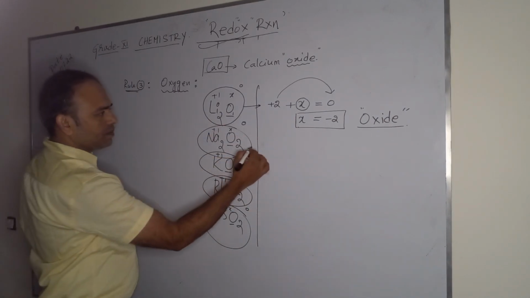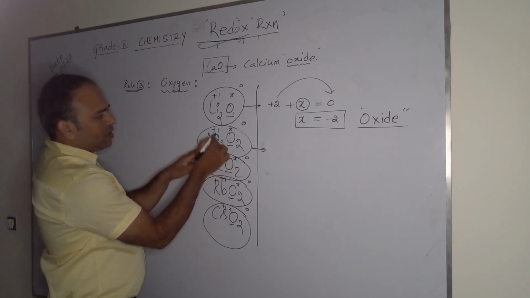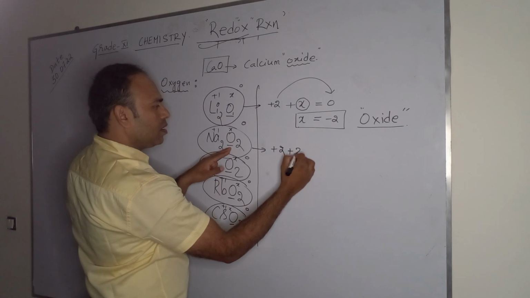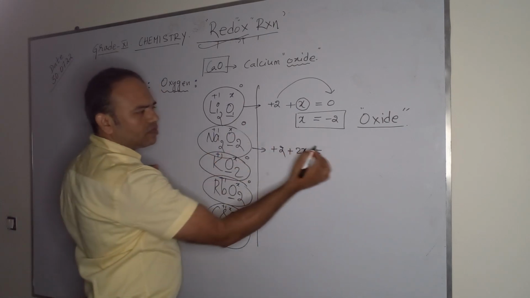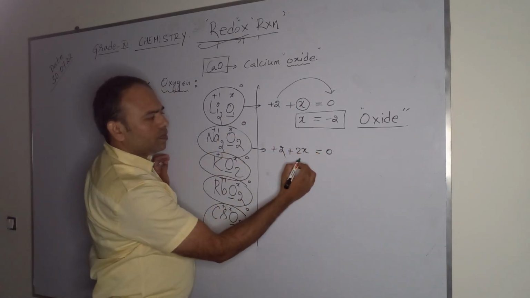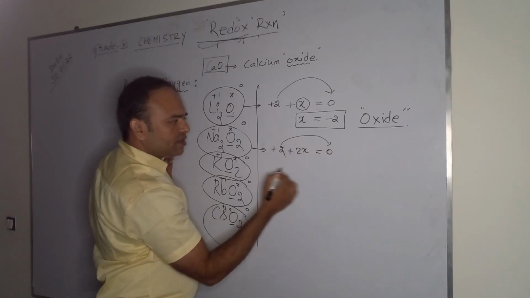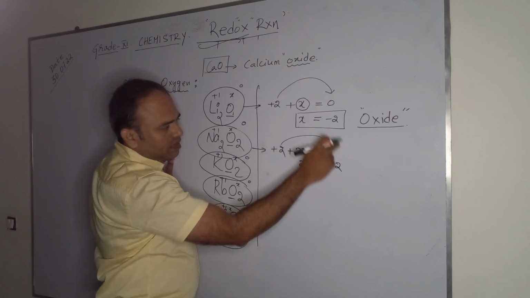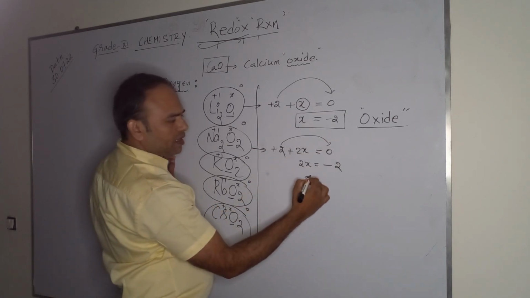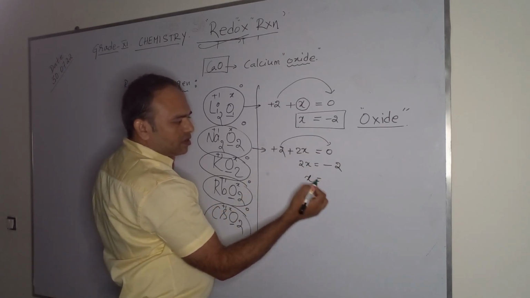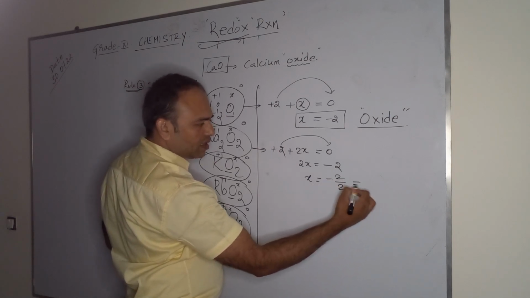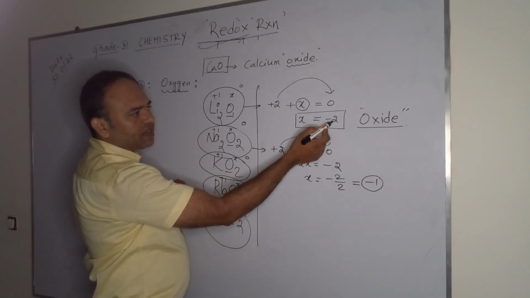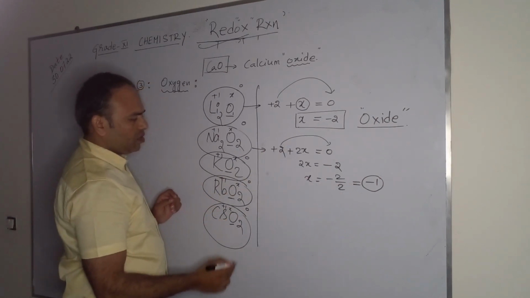Okay. Second, 2 into 1 is 2. 2 into X is 2X, which is equal to 0. Now +2 sent to the other side, so 2X is equal to -2, so X is equal to -2 divided by 2, that is -1. Hope you are able to understand. Earlier it was -2, but now it is -1.